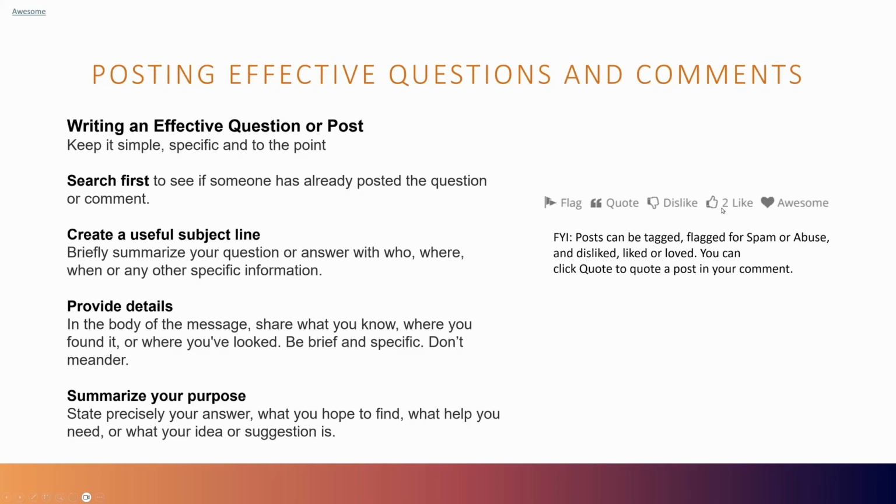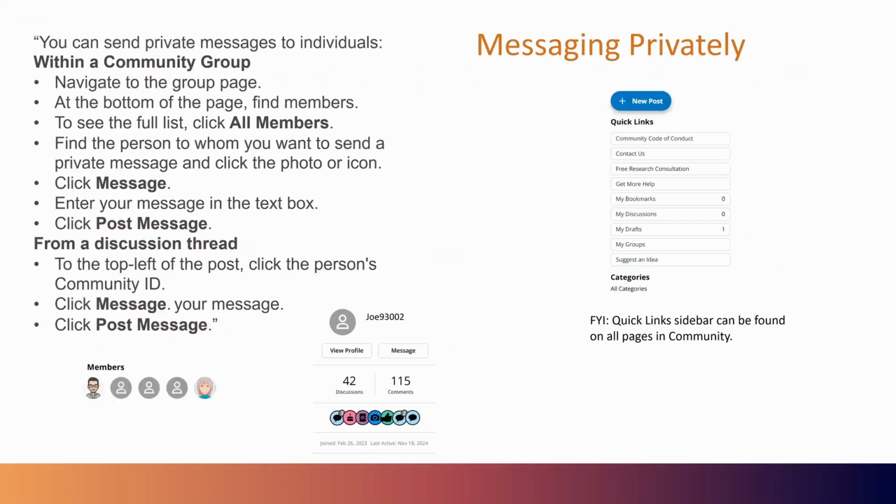This is from a specific comment, so if you do get likes, it'll tell you how many likes you have, and then you can like somebody else's comment. And if you love the post or the comment, then you can click on the heart and say it was awesome.